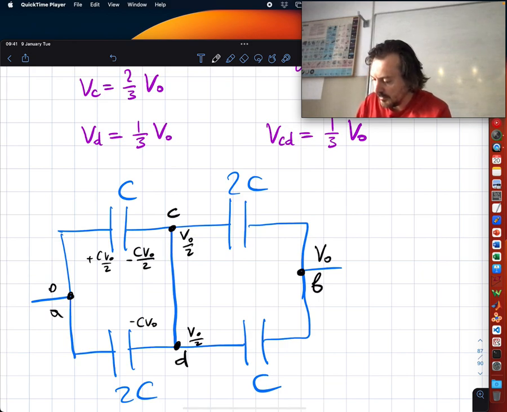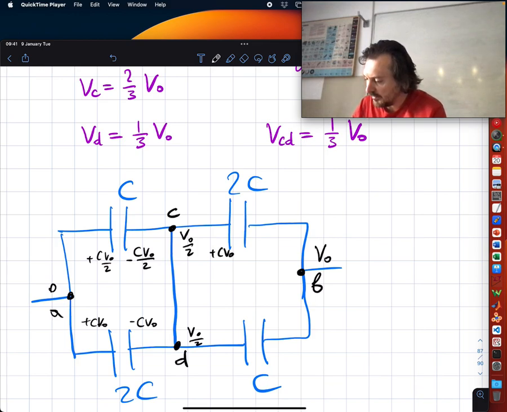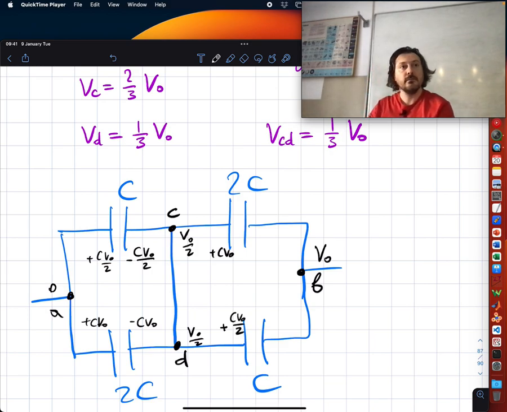CV0, plus and minus. How about over here? CV0. Are you sure? Why are you not sure? I think it's CV0. Plus CV0, and here plus CV0 over 2, right?